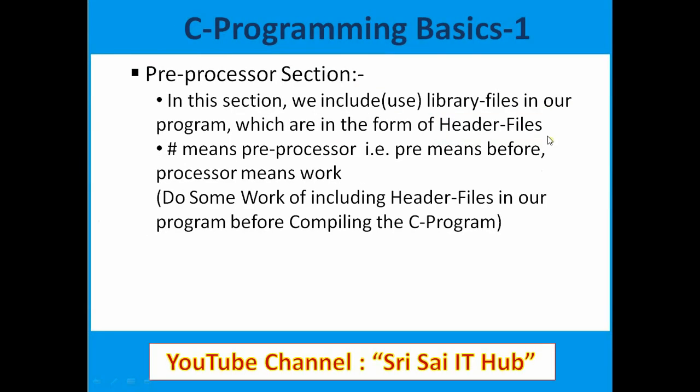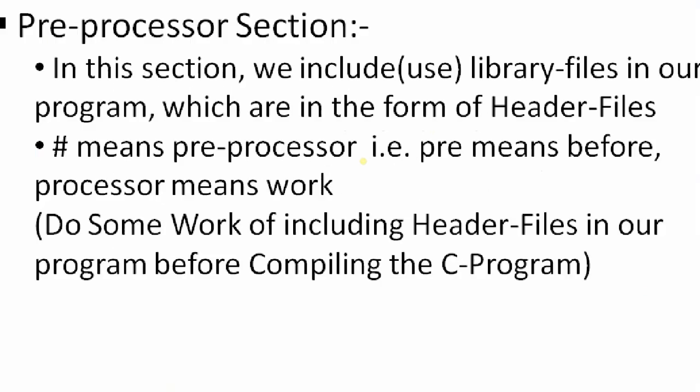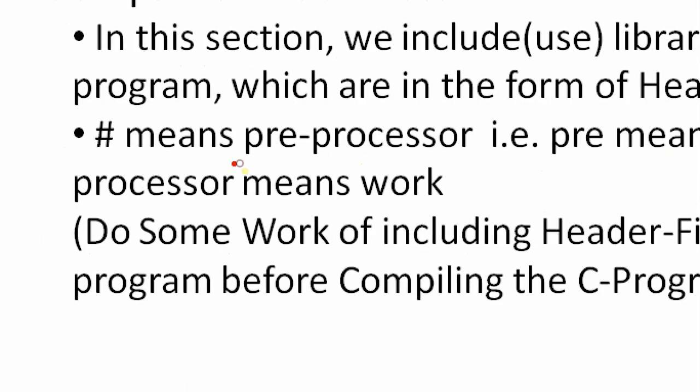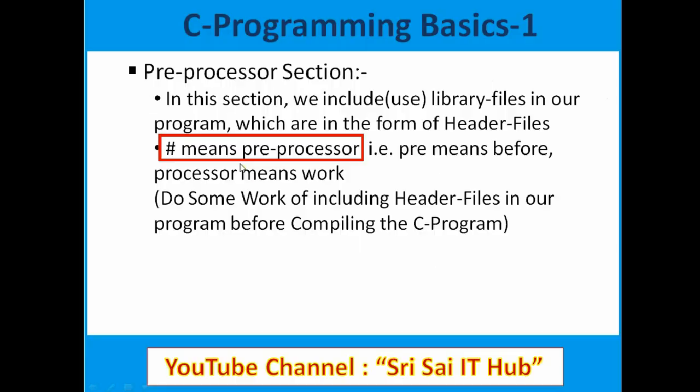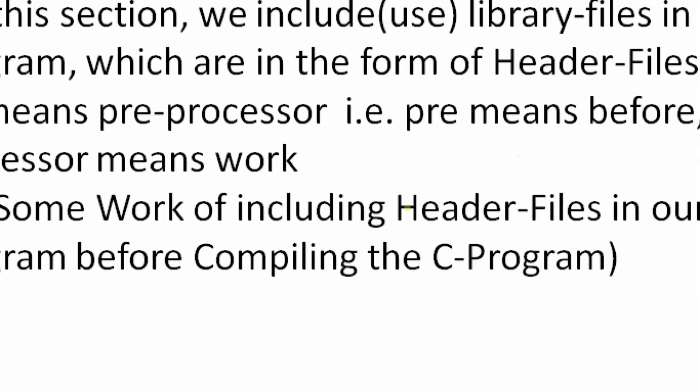Now, what do we mean by hash? Let's try to understand that. Hash means preprocessor. Pre means before compiling, processor means do some work; we are telling the compiler, before compiling the C program, do some work. And what work should it do? It should include header files in our program.